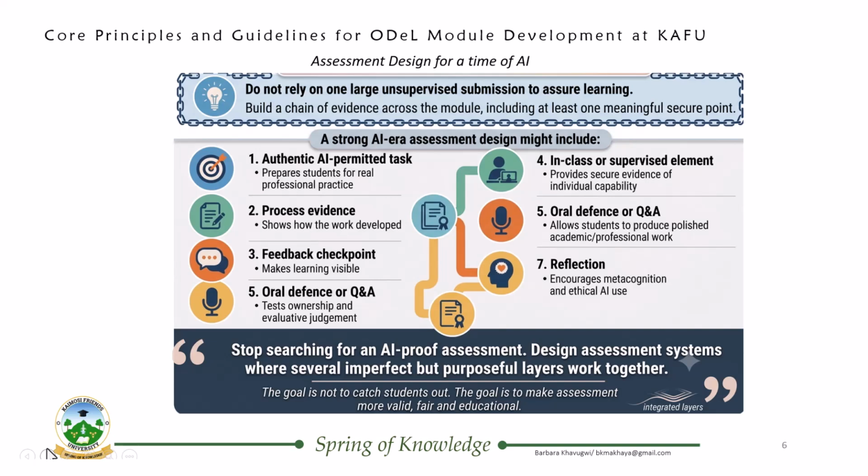Let us also prioritize putting in feedback checkpoints. And then also, because of AI, we need to check that the learner understands the process. We can have oral-based defenses or oral-based Q&A sessions, where you want to test ownership and evaluative judgment.